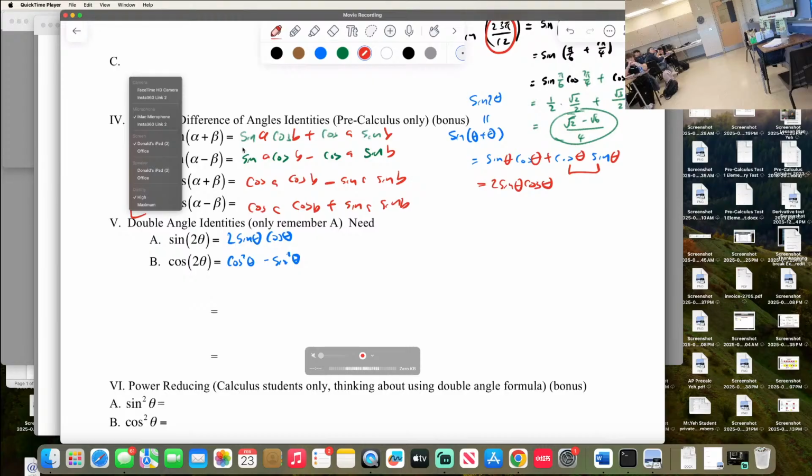I can look up here and prove it. What if you have theta and theta? What do you get? You're going to get cosine theta, cosine theta minus sine theta, sine theta, so it's cosine squared theta minus sine squared theta. You follow me or no? This you get from here, and this you get from here. Just replace the A and B with theta and theta. So on the test, if I ask you, you can prove it if you don't remember it.